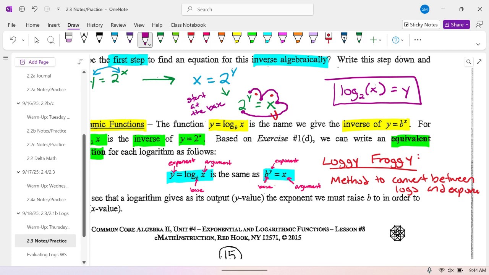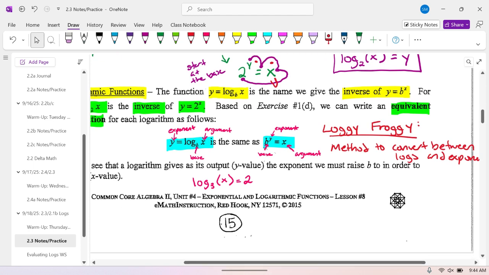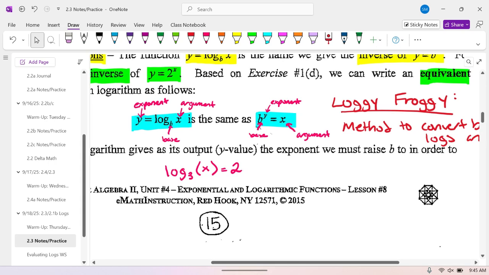All right, so let's say that I started with log base 3 of x is equal to 2. All right, same thing as we did with exponentials.